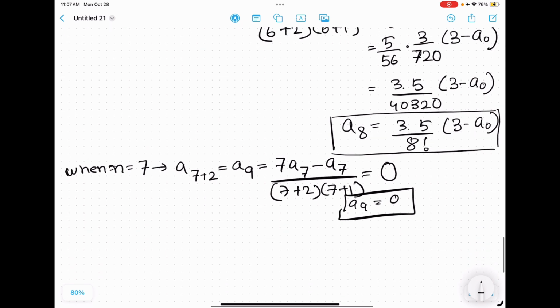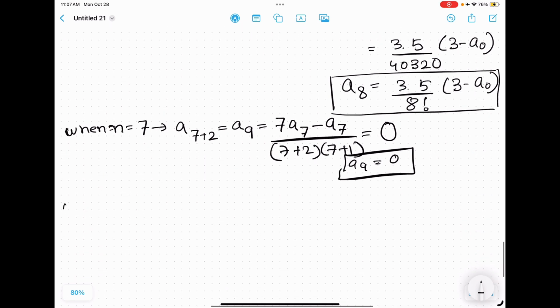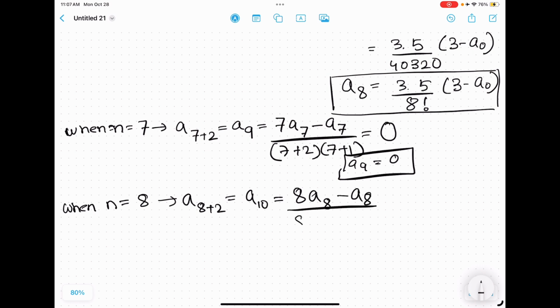And then for now, let's just keep our n equal to 8 as our last term. So a sub 10 equals 8a sub 8 minus a sub 8 divided by 8 plus 2 times 8 plus 1. That is 7 by 90 a sub 8, and my a sub 8 is right over here.